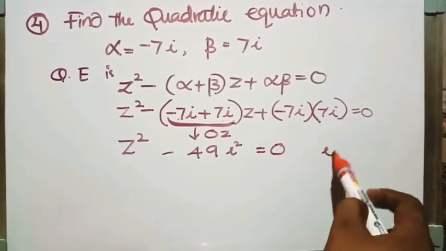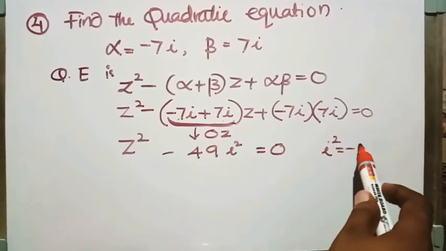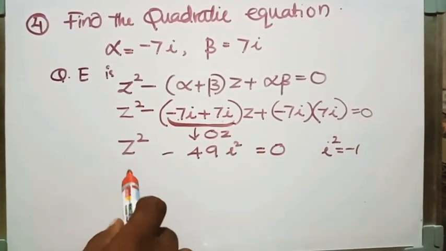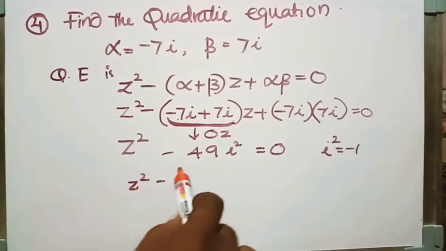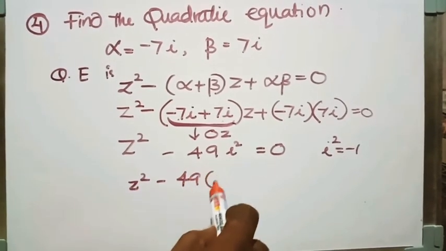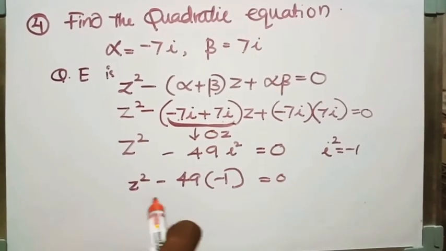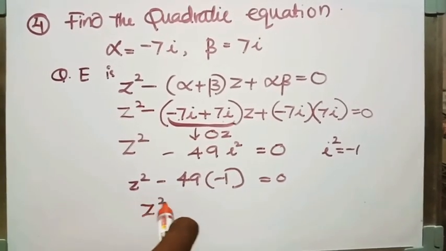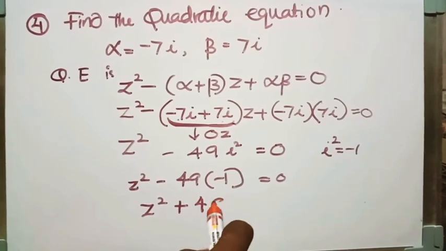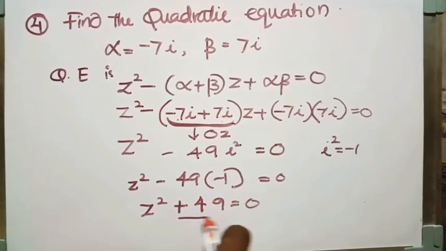But you know i squared is minus 1. So it gives us z squared minus 49 of minus 1 is equal to 0, or we get z squared plus 49 is equal to 0 as the quadratic equation.